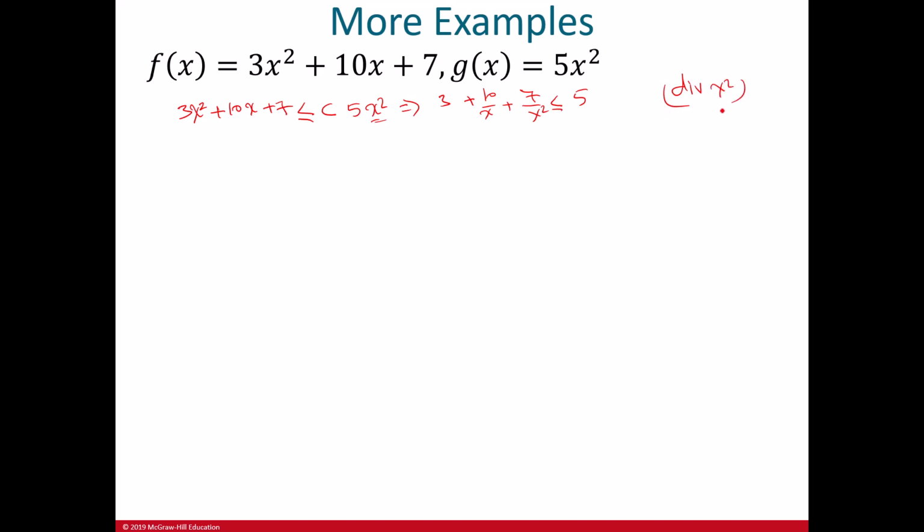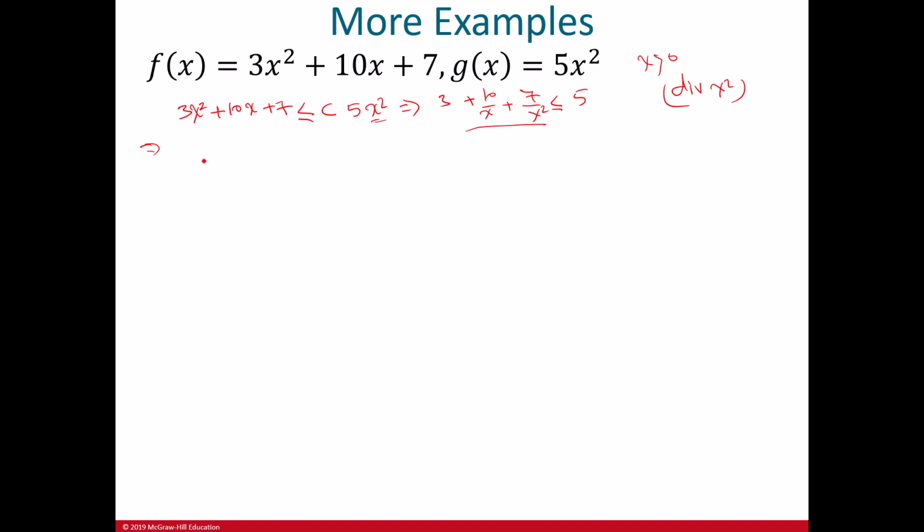And notice I can do that because x is greater than 0, so it's not negative and it's not 0. Alright, next I have this now, so I'm going to take the limit for this part.